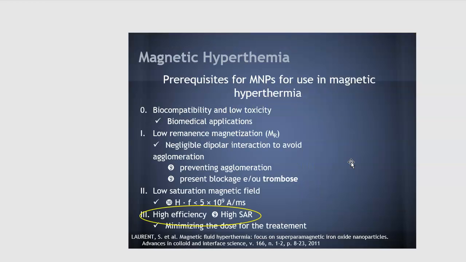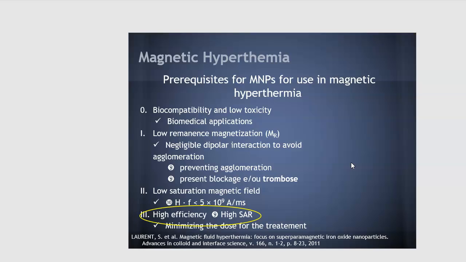Another condition which is a prerequisite for magnetic hyperthermia application is low saturation magnetic field. Generally, when a magnetic nanoparticle is placed in a magnetic field, we cannot apply a very high magnetic field and a very high frequency.